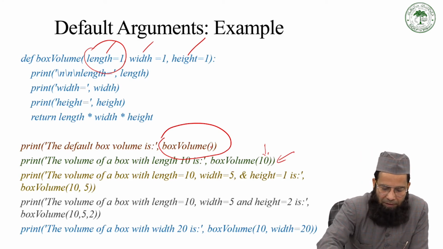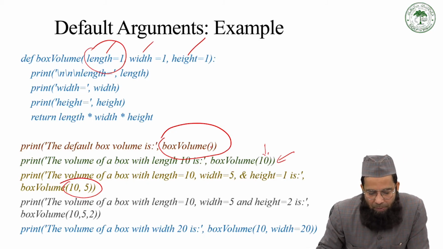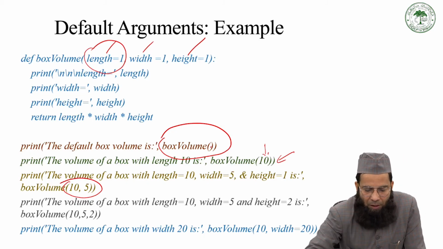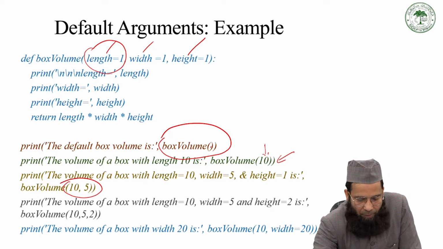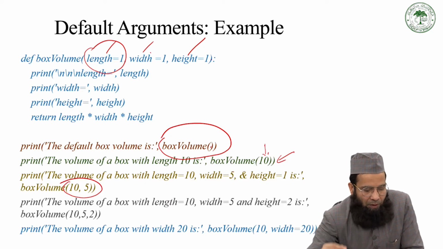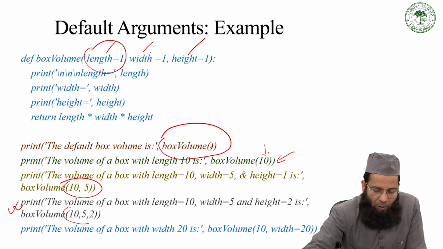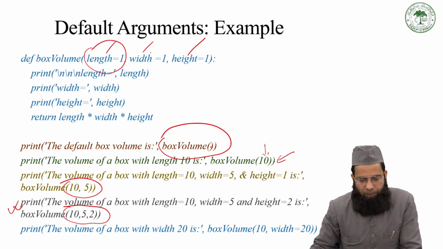Now consider the third case. Here 10 and 5 are being passed. So 10 will be provided to length, and 5 will be stored in width, and height will remain 1. Now consider the fourth function call. Here all the values will be overwritten.